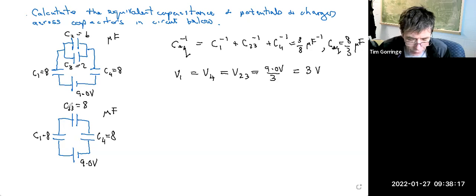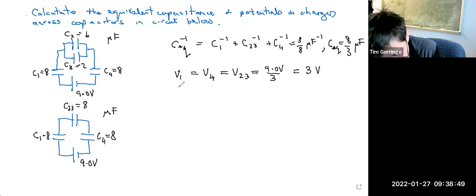Finally, we want the voltage across the individual capacitors C2 and C3. There, the rule is that the equivalent capacitor and the individual capacitors in a parallel arrangement, not a series arrangement, now, parallel arrangement, they all have the same voltage across them. So the same voltage is across C23 as it is across C2 and C3.